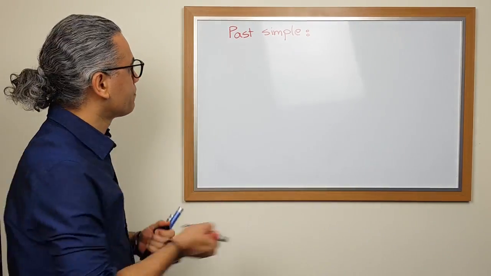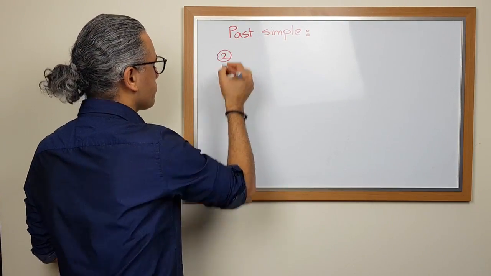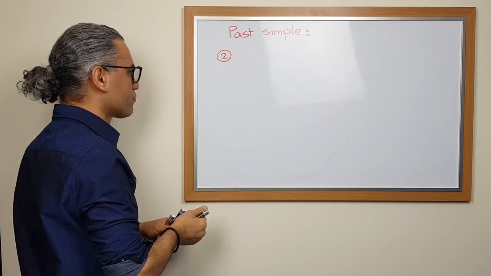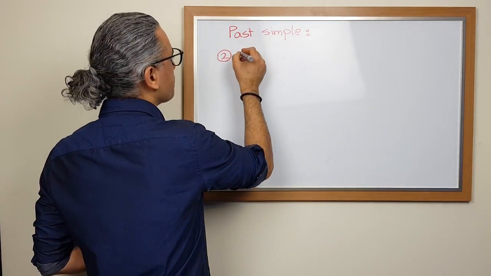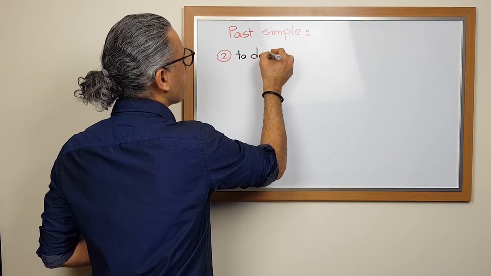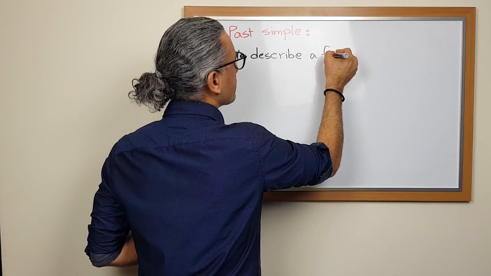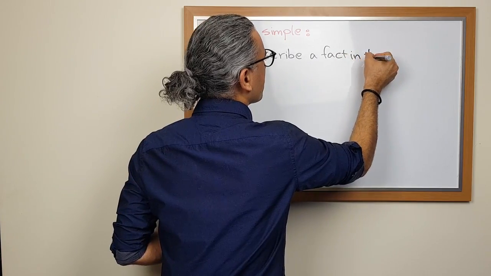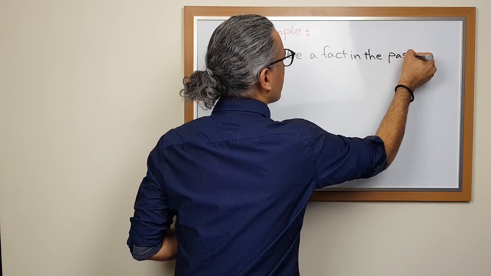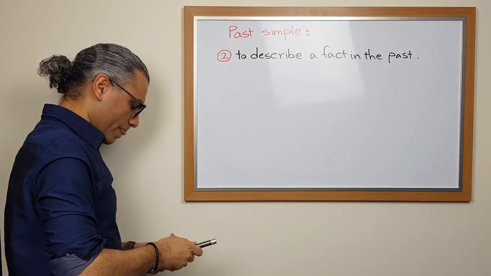Function number two. We use past simple to describe a fact in the past. Example.